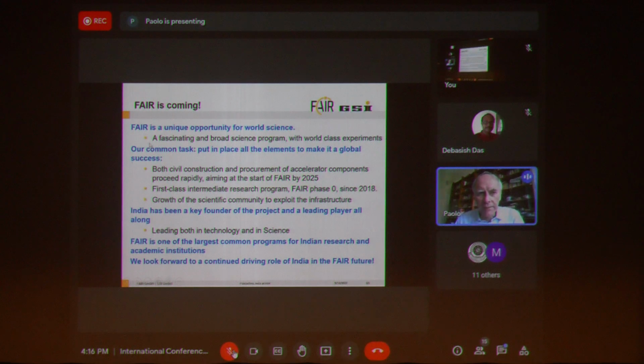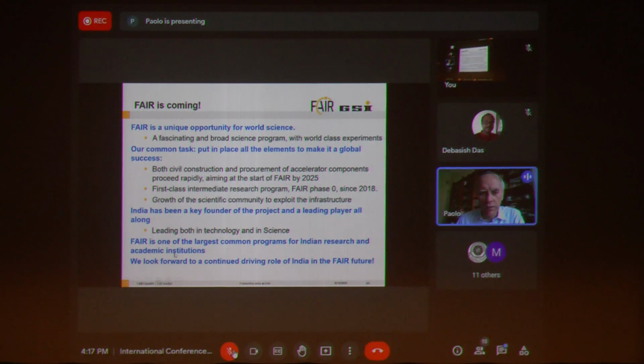So FAIR is coming. It's a unique opportunity for world science. We want to put it all together, and we are already taking data with all the components that are already available. And India has been a key founder, and has been since then an owner of the project, the leading player all along.